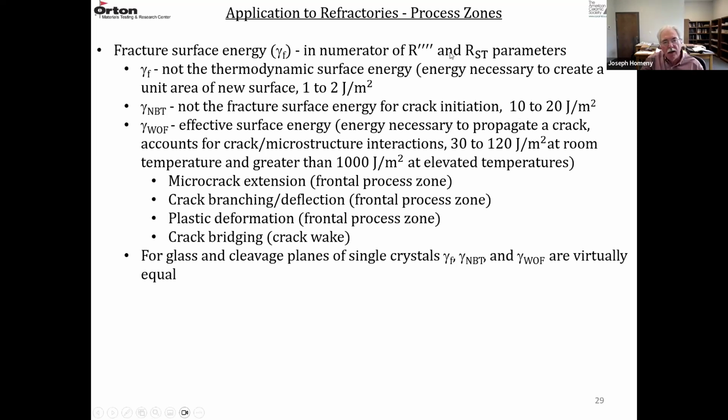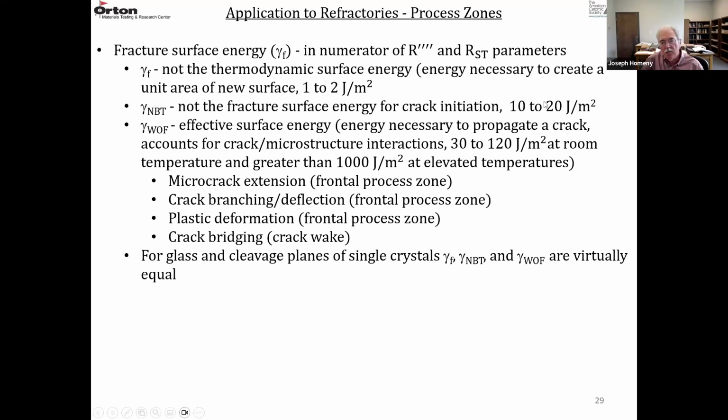But gamma F in these two equations, R4 prime and RST, is gamma WF. And that's the effective surface energy, the energy needed to propagate a crack. So the higher this value, the more thermal shock resistant is the material. This accounts for all kinds of crack microstructure interactions in the frontal process zone and in the wake process zone.